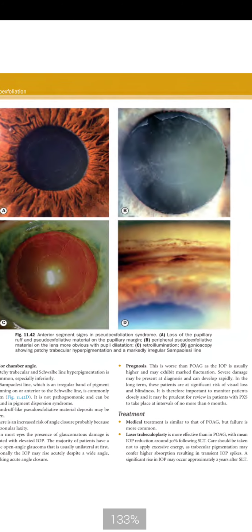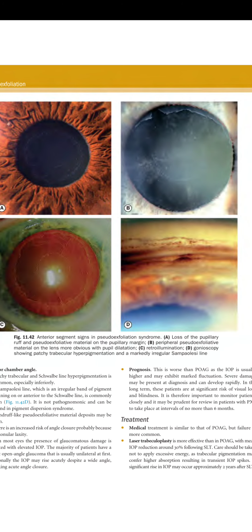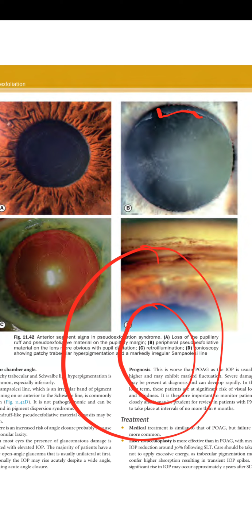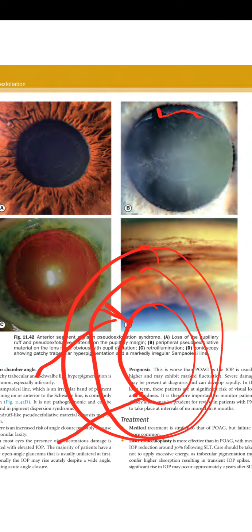So basically in a case of pseudoexfoliation, you can see the pseudoexfoliation material in two forms. So this is the lens. You will see the material here and then you will see it here. Between them is a clear zone. Why? Because when the pupil moves from miosis to dilatation, it will cause abrasion of the pseudoexfoliative material.